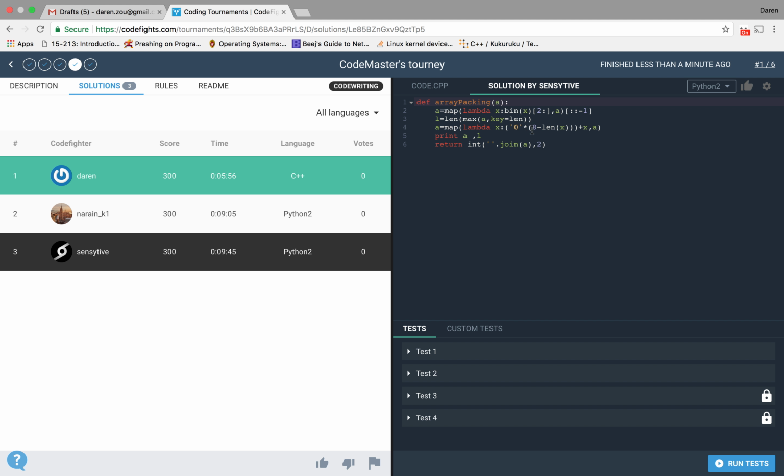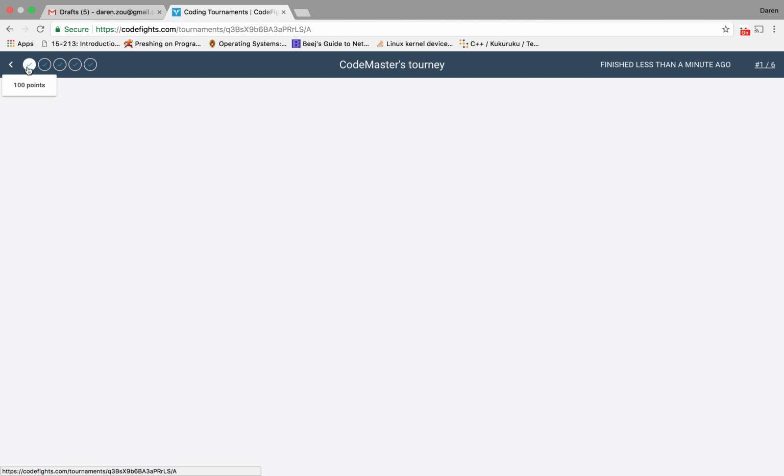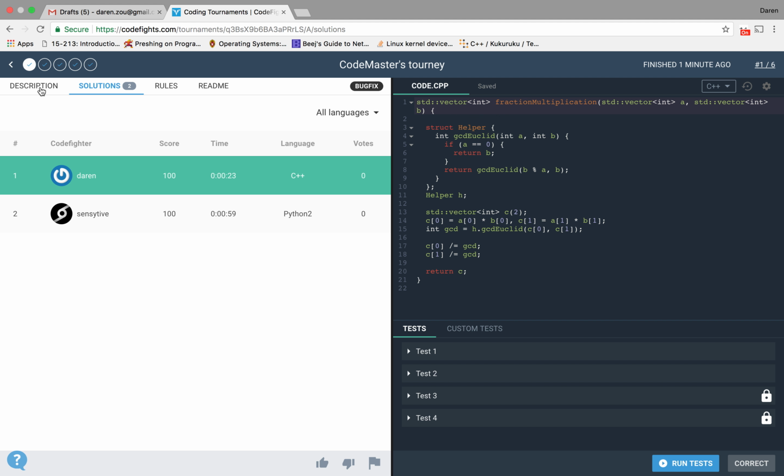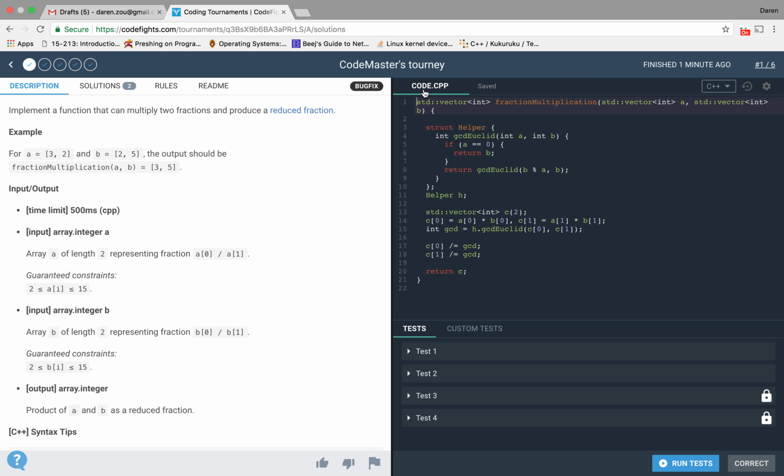You see his solution. So I'll go over these one by one real quick. So this one is basically the GCD function.